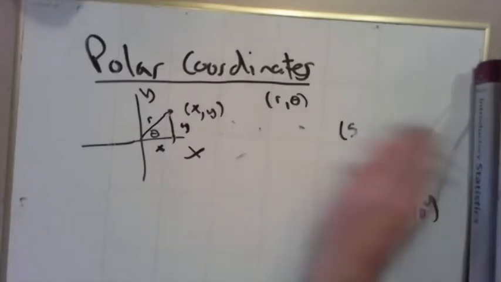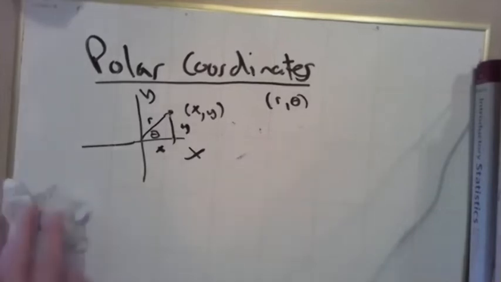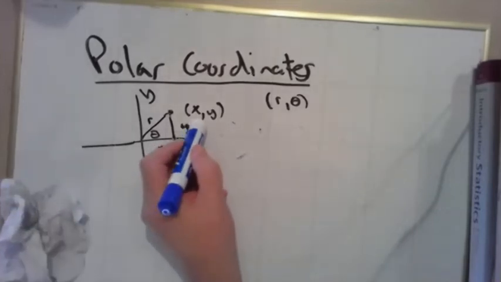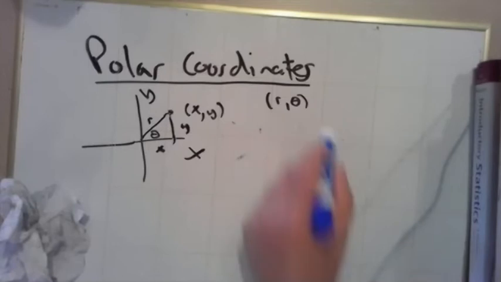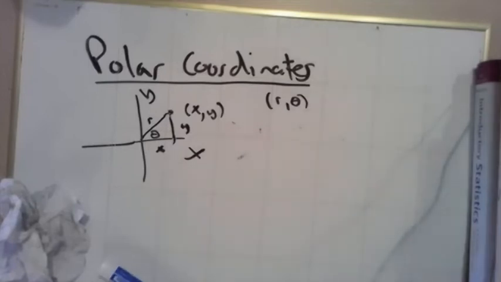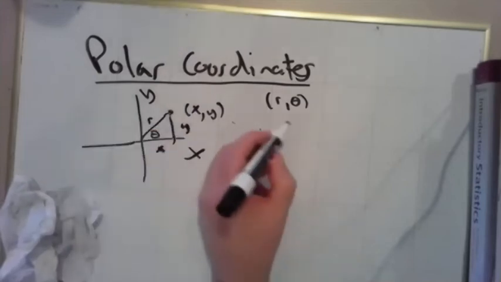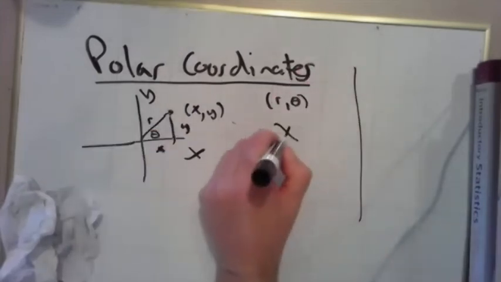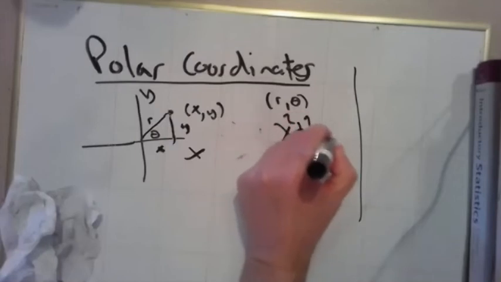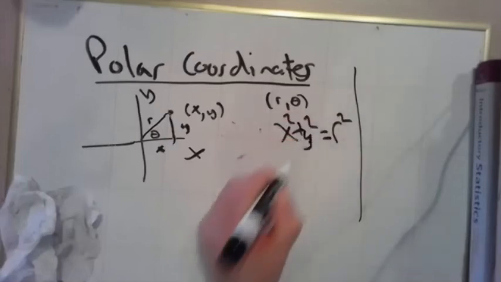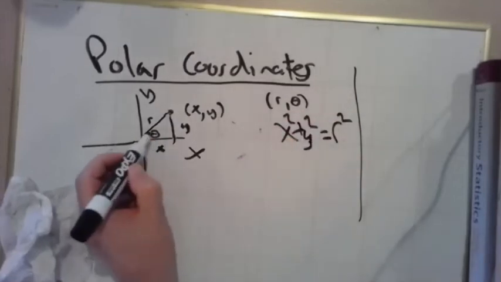Now, how do we go back and forth between these two? How do we go back and forth between Cartesian and polar? We just use trig. First off, this is a right triangle. So x squared plus y squared has to equal r squared. And this angle here, we just use trig.